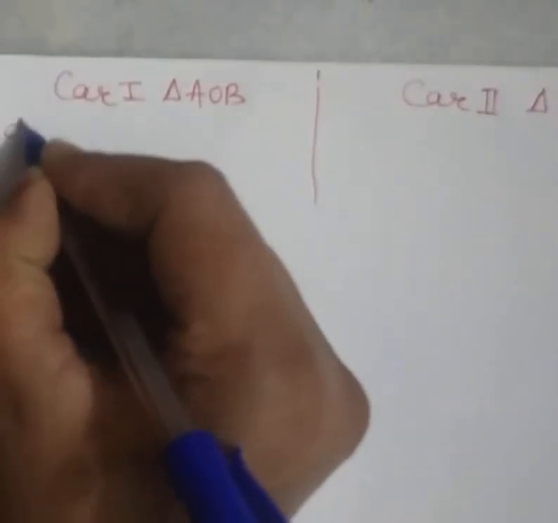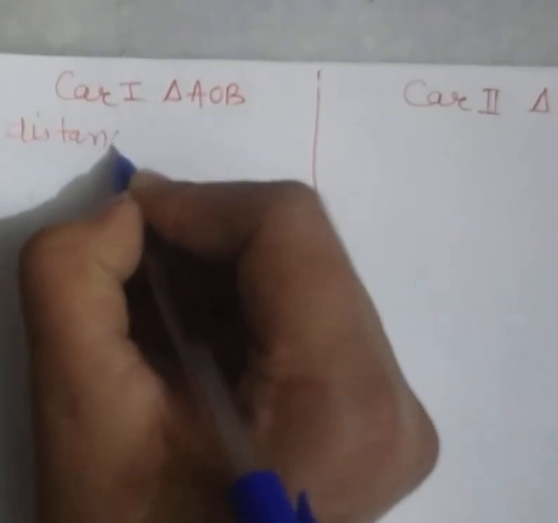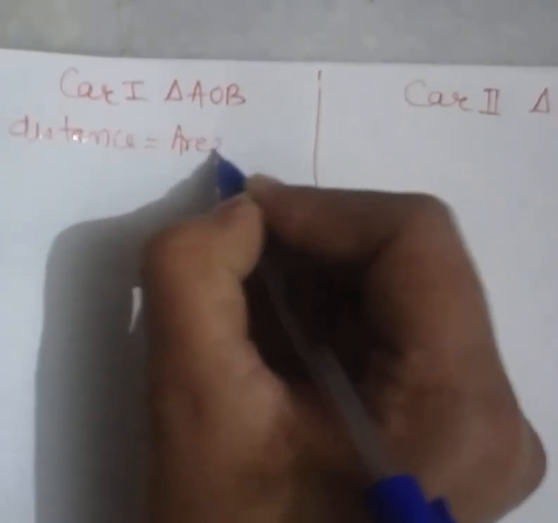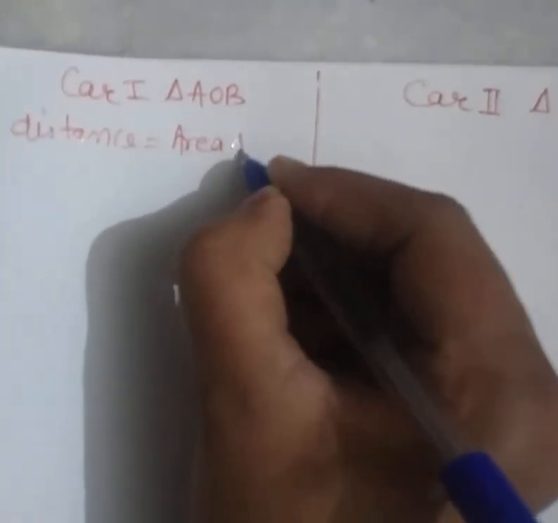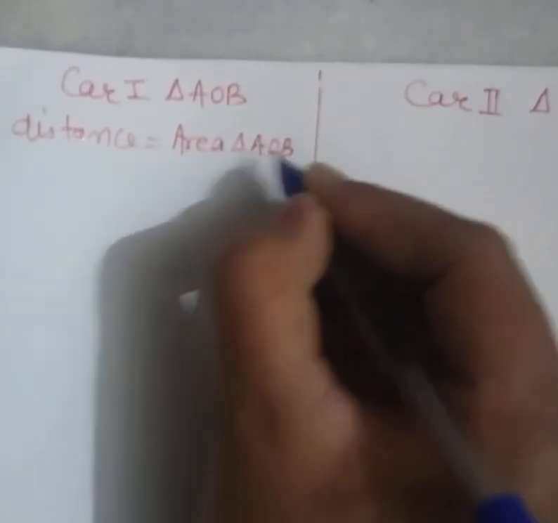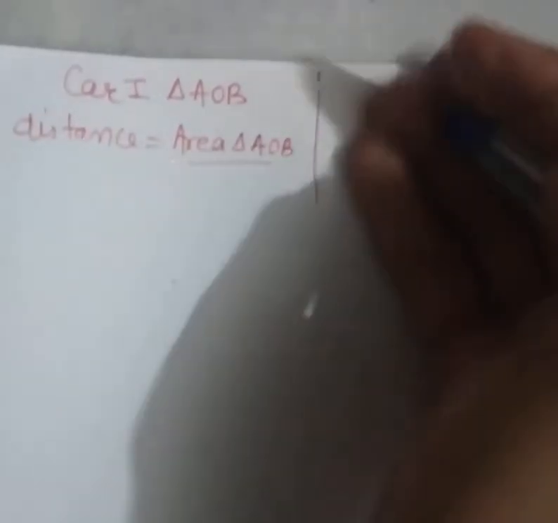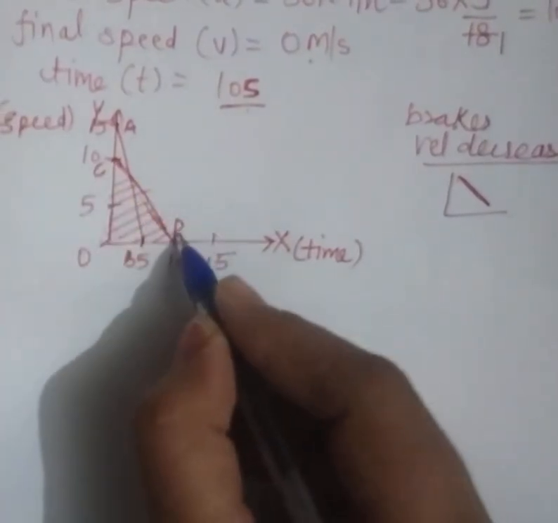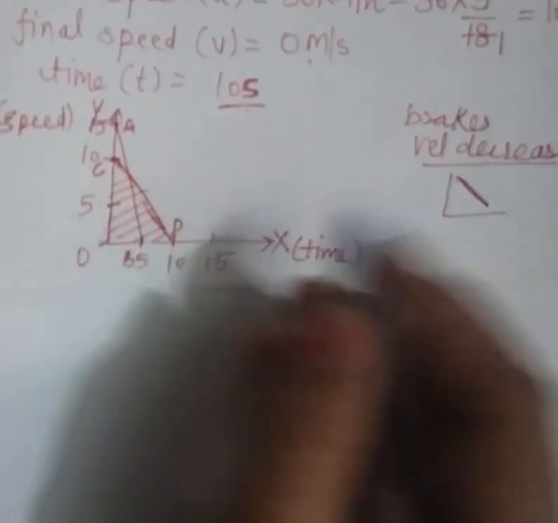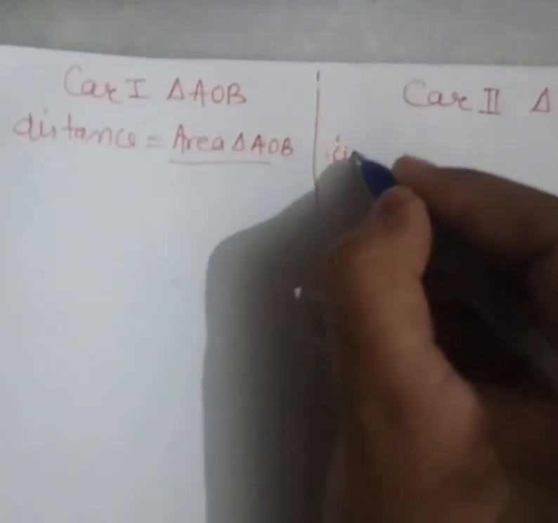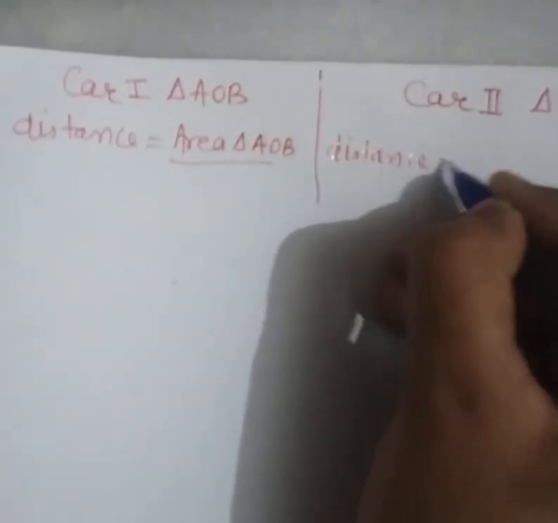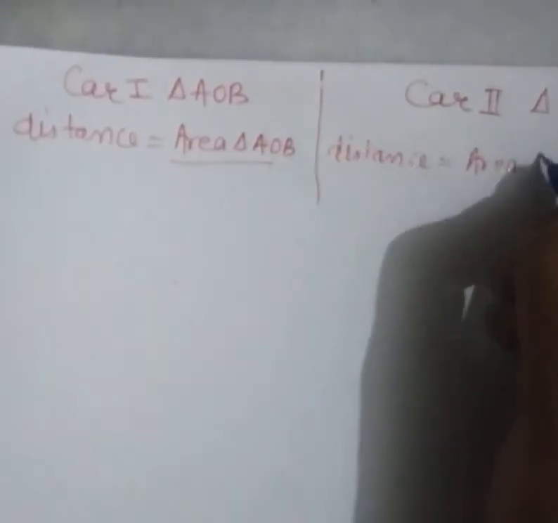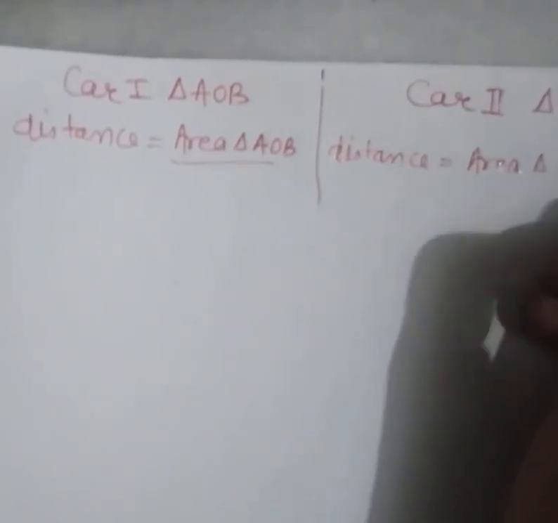So what is the distance? Distance is the area under the graph, that is, the area of triangle AOB. And for the second car, we have marked here C and here D, so it will be COD. So distance will be the area under the graph, so area of triangle COD.